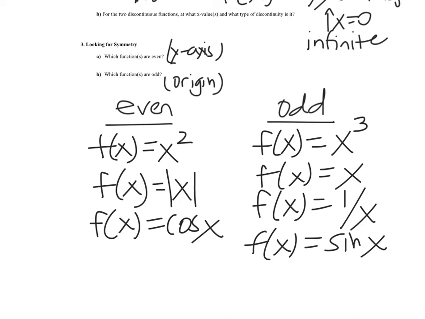Yeah? How come the greatest integer function doesn't count? It's because, if you plug in, let's plug in x equals 2. Y would be 2. And you plug in -2. Y is -2.